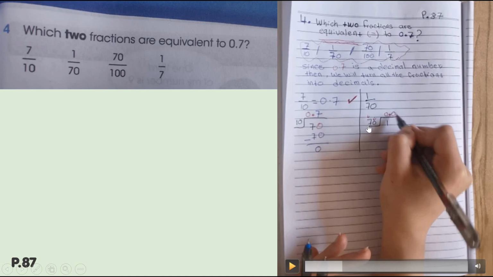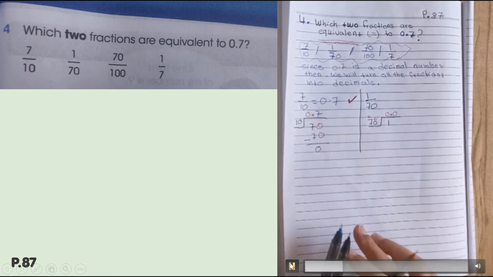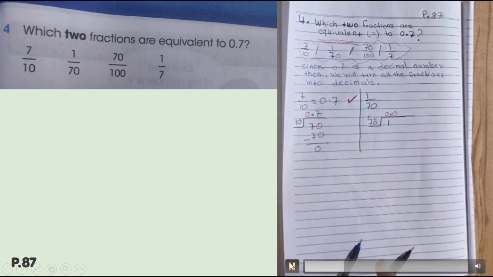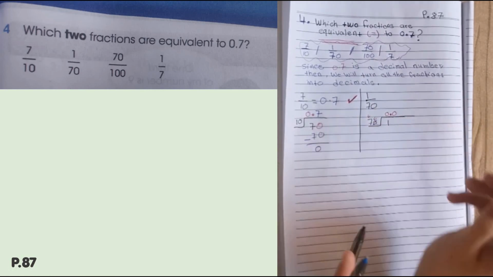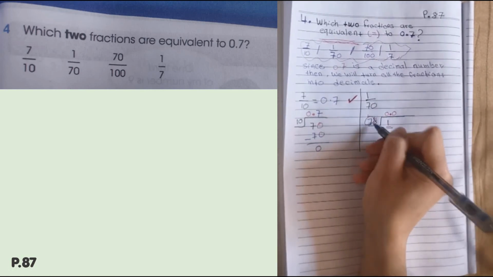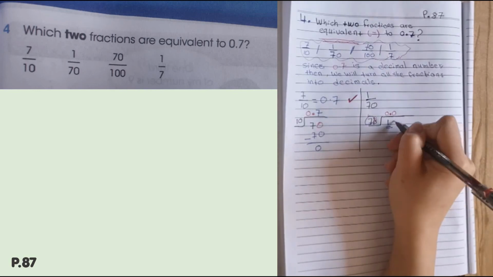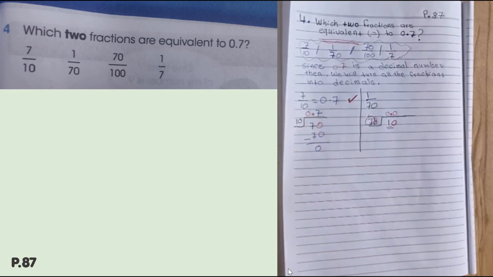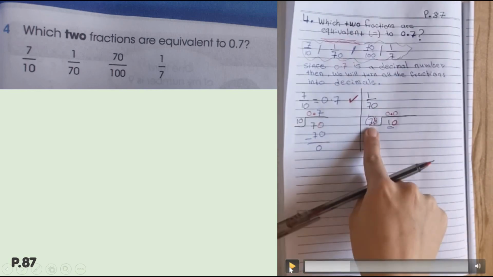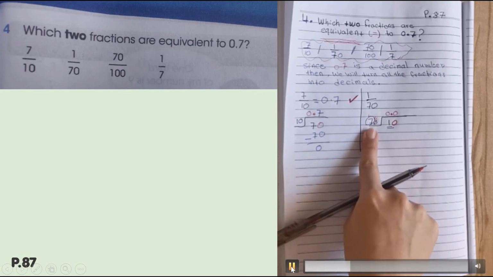We need to have one digit here as well too. So we need to put this 0 here. That way we have 0, the decimal point, and another 0. So now we are only concentrating on division between 1 and 7. Again, we add 0 to the 1 because it's too small. How many sevens do we have in 10? We have only 1.